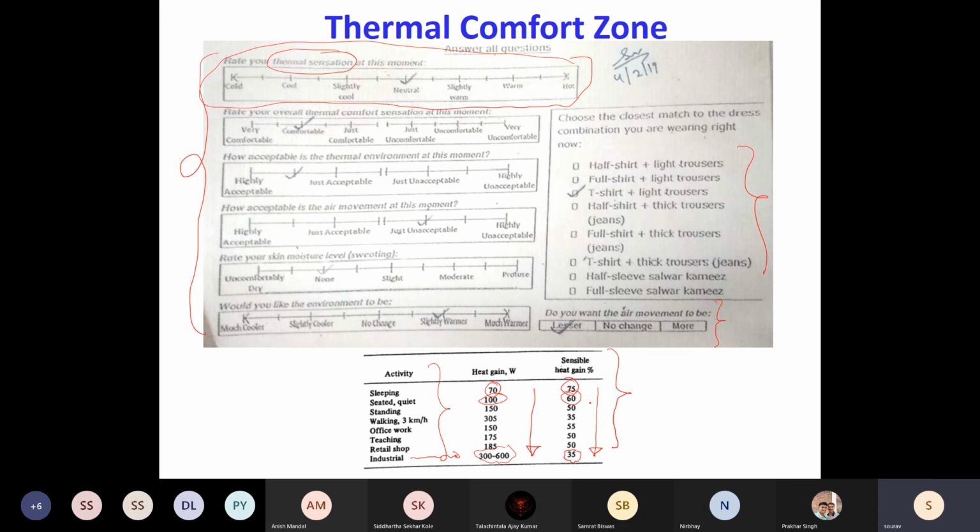So when we release a lot of heat, we do not release that heat in the form of sensible heat. It's physically impossible, because our body would have to go to a very high temperature to release the heat in the form of sensible heat. So what we do is we perspire, and hence you see when our activity increases, almost 65 to 70% of the heat released by our body becomes latent.